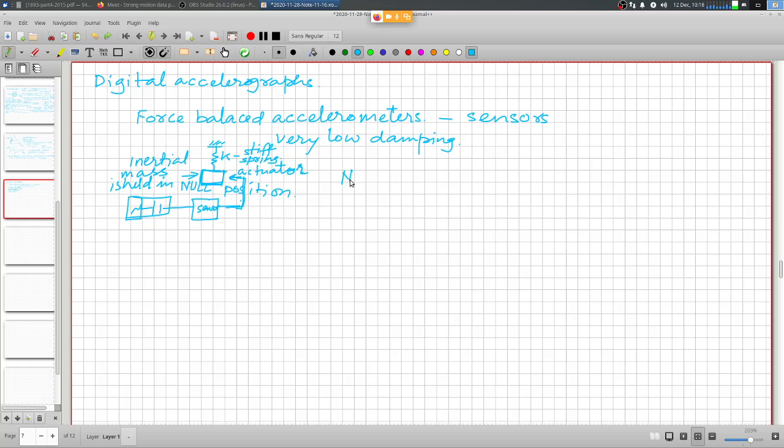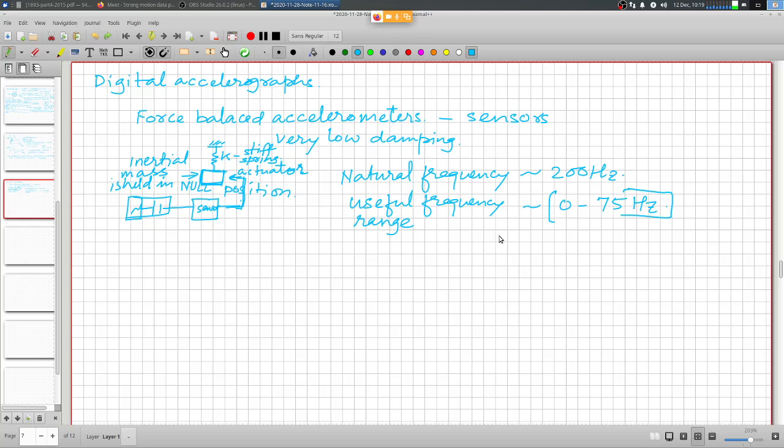So natural frequency is of the order of 200 hertz, and useful frequency range is 0 to probably 75 hertz. So we can extract information in this range.